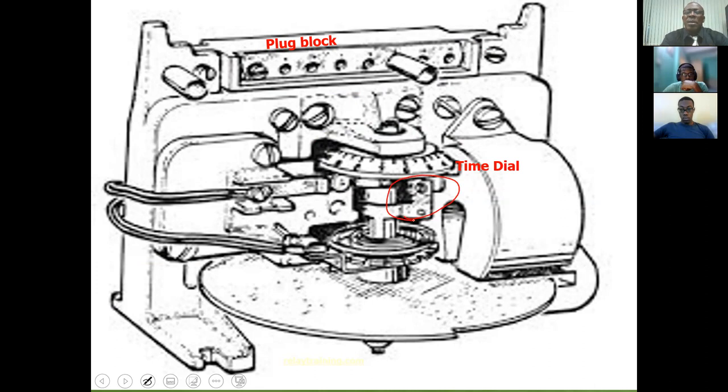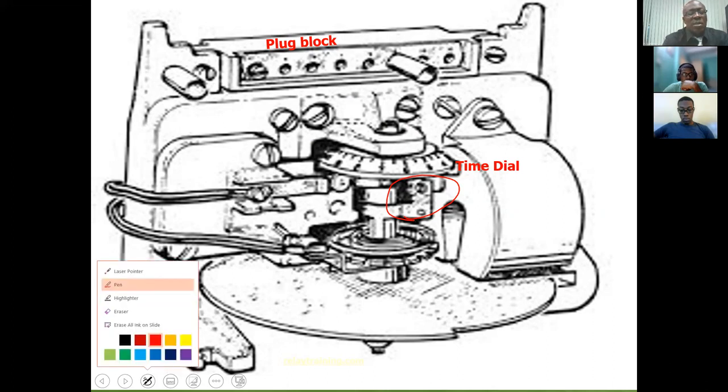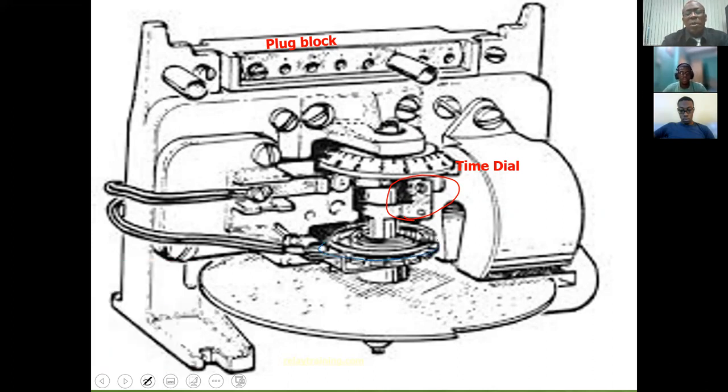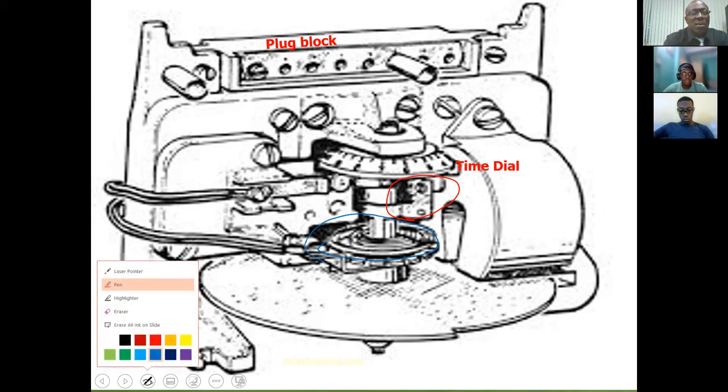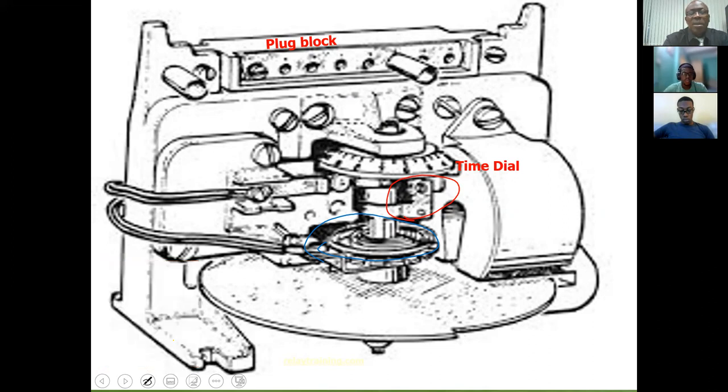It may be a little difficult to see, however, right there is where we will have the movable contact. As the disk moves, where I circled up top, that's a movable contact, and down here, that's a counter balancing spring.